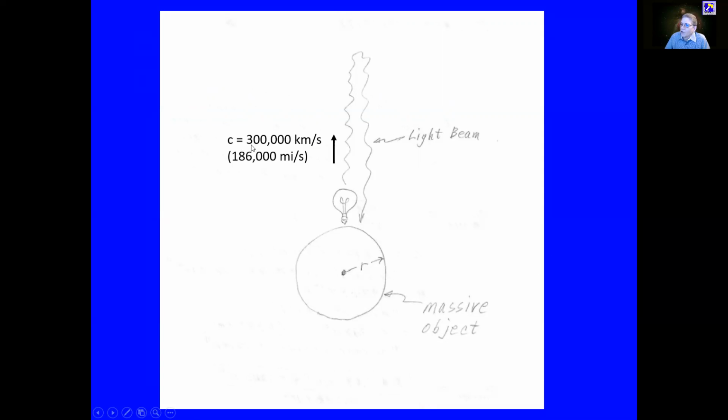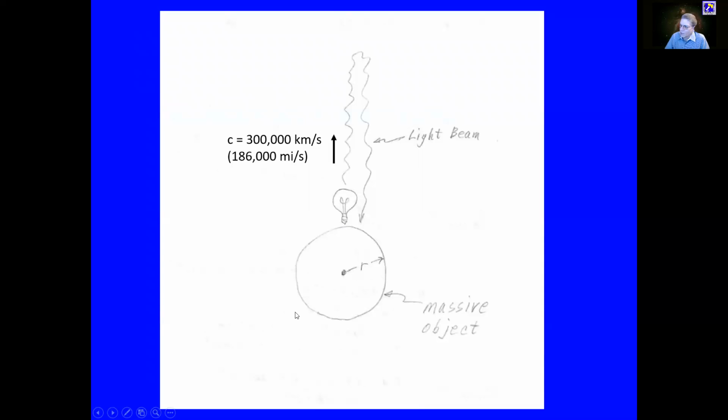Let's say that we know our velocity is going to be the speed of light, which is 300,000 kilometers per second, or 186,000 miles per second. Let's say that we shine a flashlight straight up and the light ray is moving at a velocity of 186,000 miles per second.